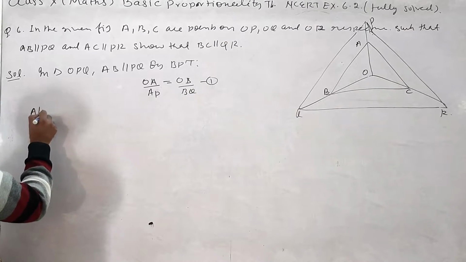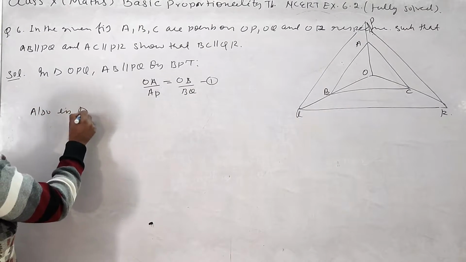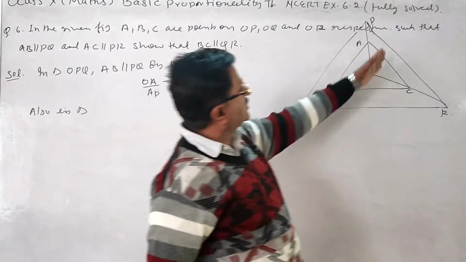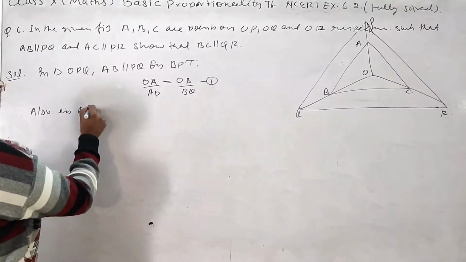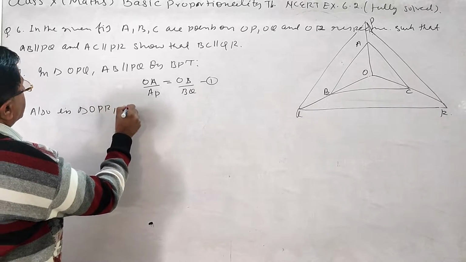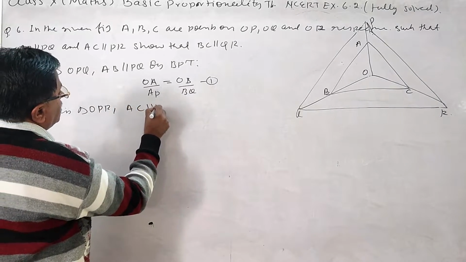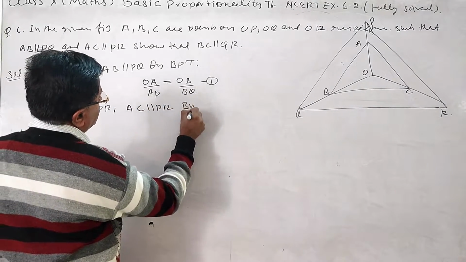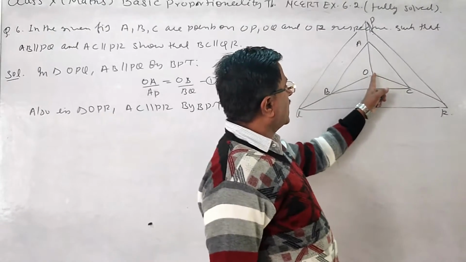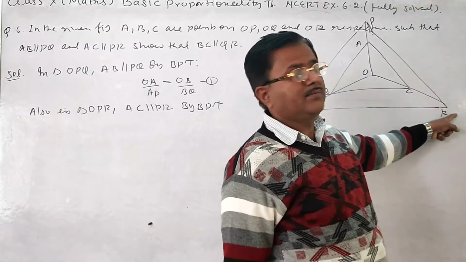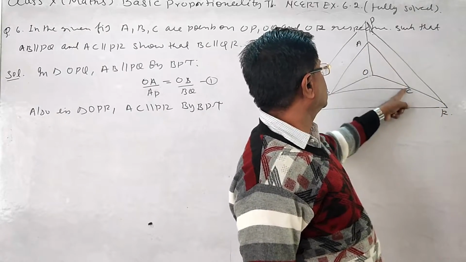Also, now we take this triangle OPR, we are given AC parallel to PR. So here also we use basic proportionality theorem. So in this triangle OPR, we are saying that this AC is parallel to this.